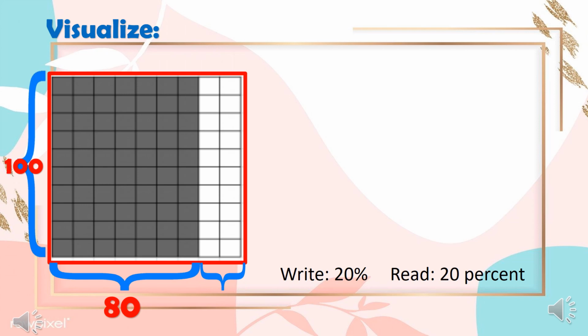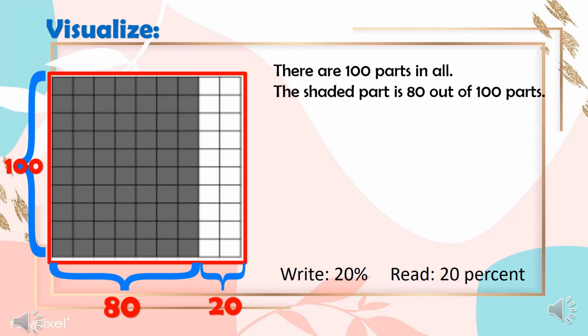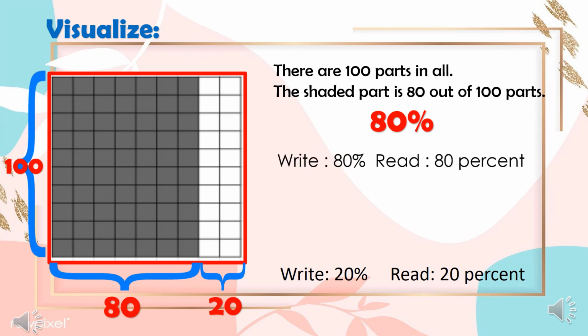And then for the 20 we have the money put in the coin bank. So there are 100 parts in all. The shaded part is 80 out of 100 parts, and that is 80%. We can write 80% as 80 and then the percent symbol. Then we can read this as 80 percent.